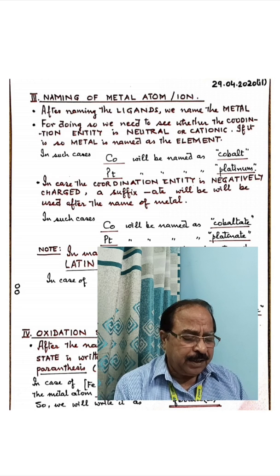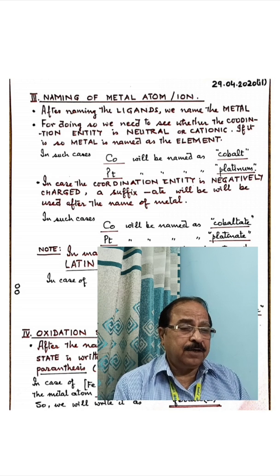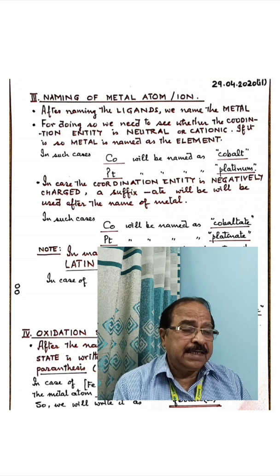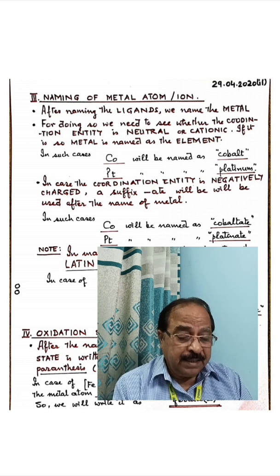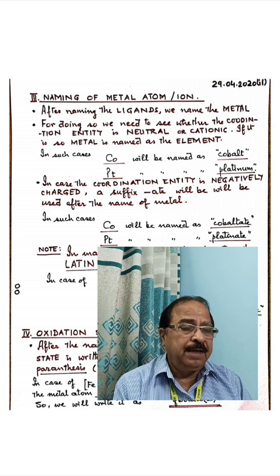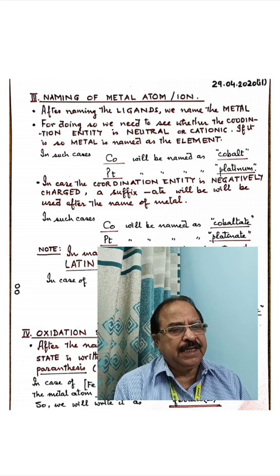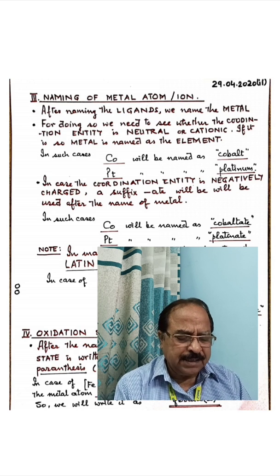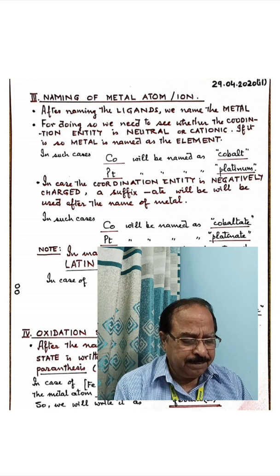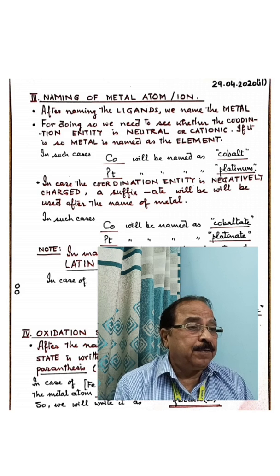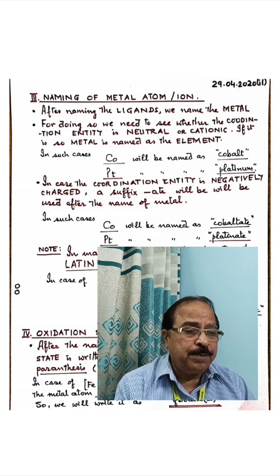Then the second point is, in case the coordination entity is an anion, it is negatively charged. Okay, then we have to change the name of the metal. What we have to do? We have to put a suffix, ate, after the name of the metal. For example, if there is a cobalt atom, then we have to write its name not as cobalt, we have to write cobaltate.